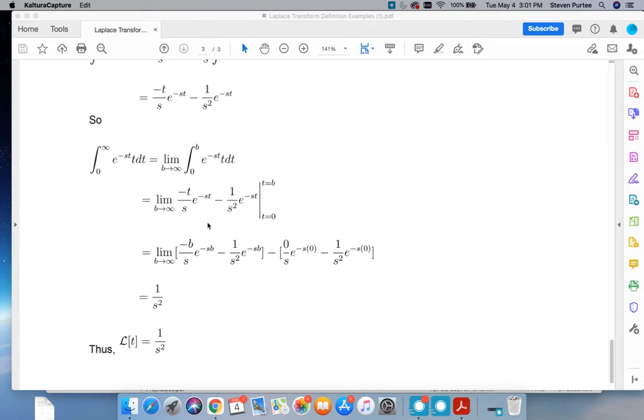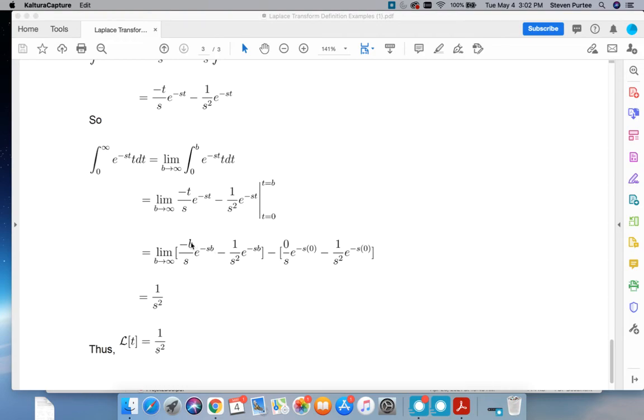This term here, b is going to infinity, so the negative b wants to go to negative infinity. E to the negative infinity, that wants to go to 0. That's an infinite limit, and it's one of those ones where you have to figure out, you have to use L'Hopital's, because we have two different kinds of behavior. One goes to 0, one goes to infinity. 0 times infinity. We have to see who wins.